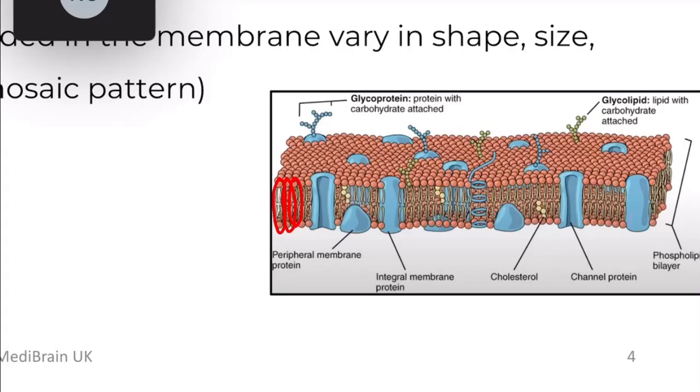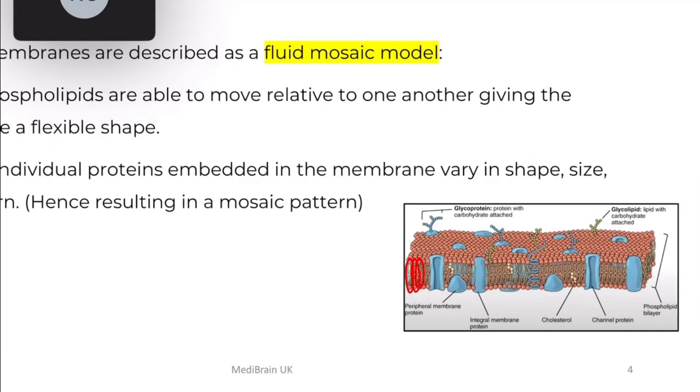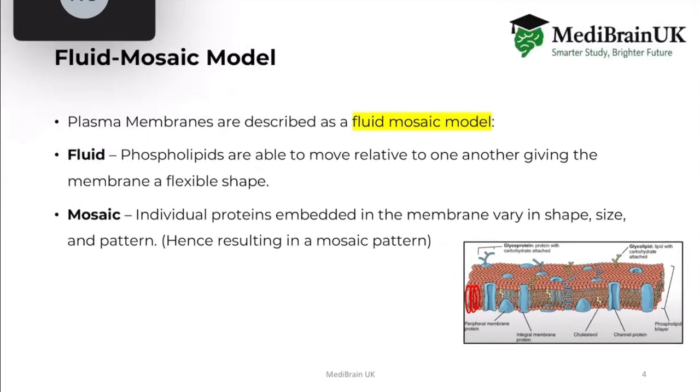We have many different components in this plasma membrane. Because we have so many of these components, they vary in shape, size, and pattern. There are many different shapes embedded within this membrane. And because you've got that variety of shape, it starts to turn out like a pattern. Okay, and that's why it's called mosaic.